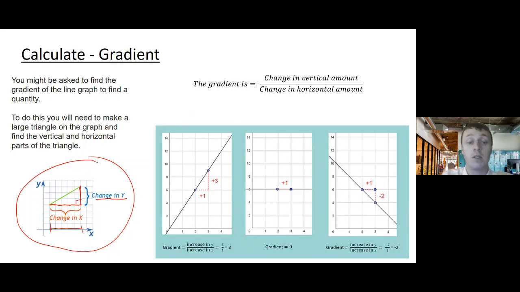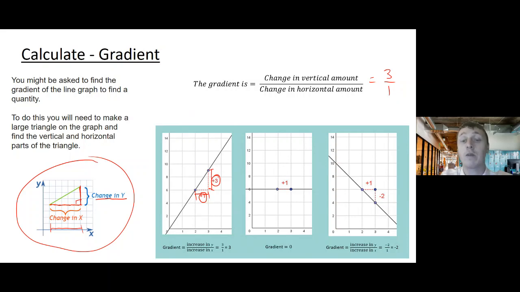So for example, this first graph here has a full box width across and a box and a half width up, and it has a value of 3 vertical, 1 horizontal. So the change in your vertical is 3, the change in your horizontal is 1.